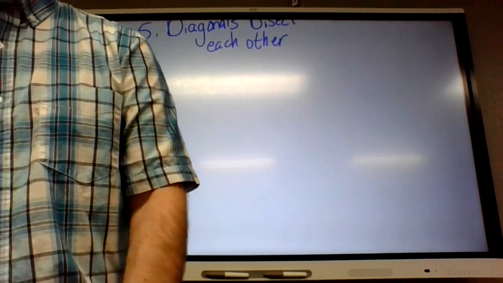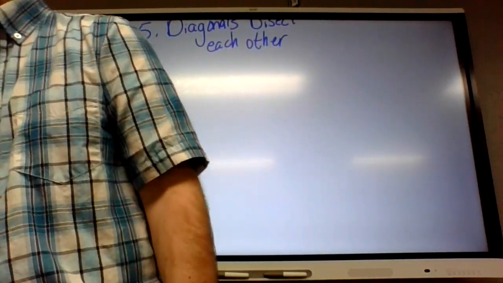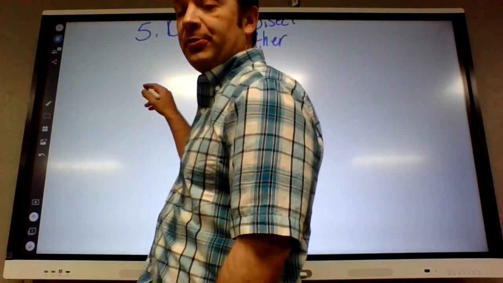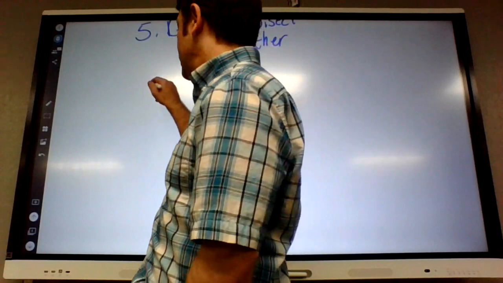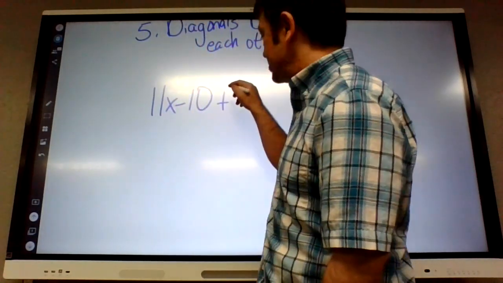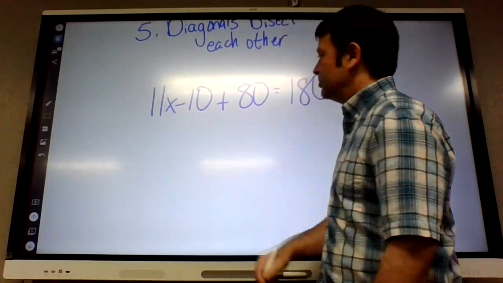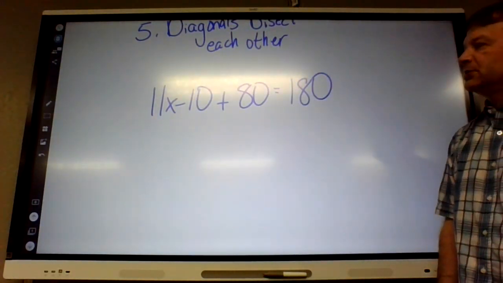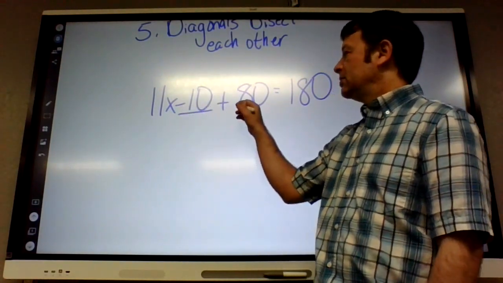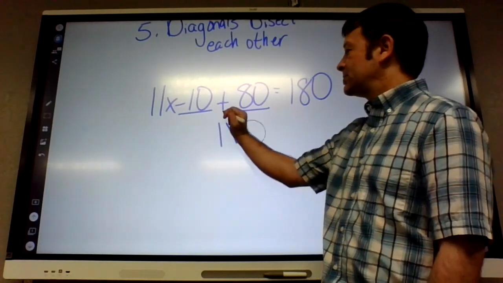Okay, number 11. What do we know about angle Z and angle Y? Consecutive angles add up to 180. So it's 11x minus 10 plus 80. They should add up to 180. So how can we solve this? Negative 10 plus 80 is just 70.